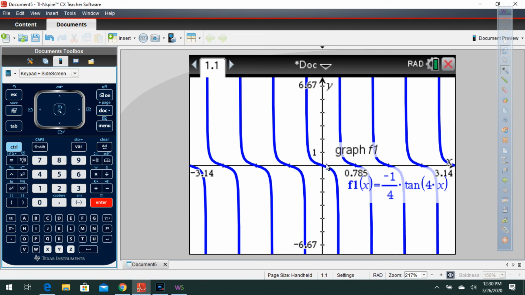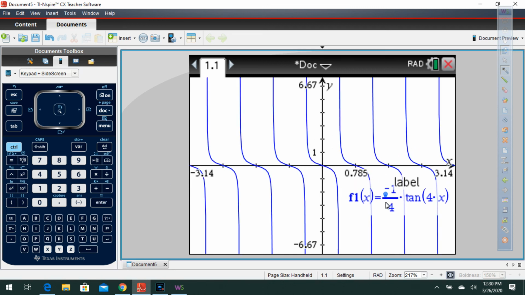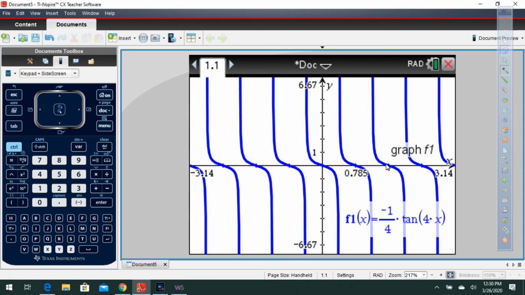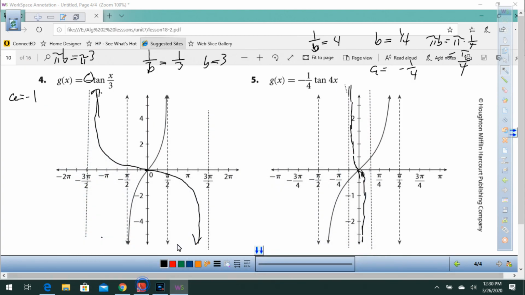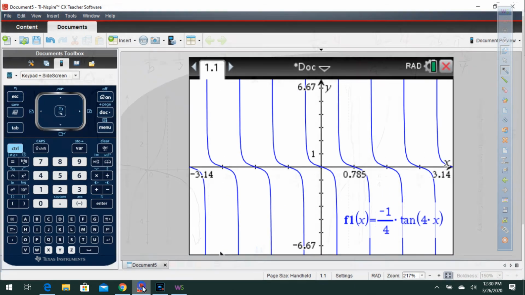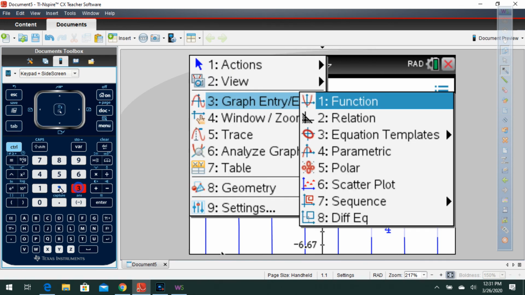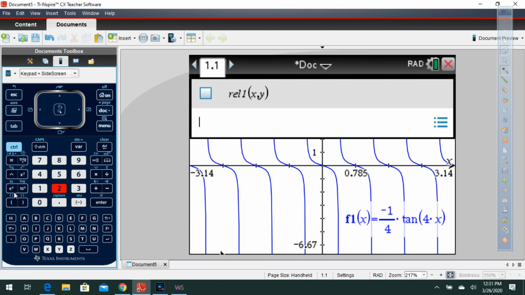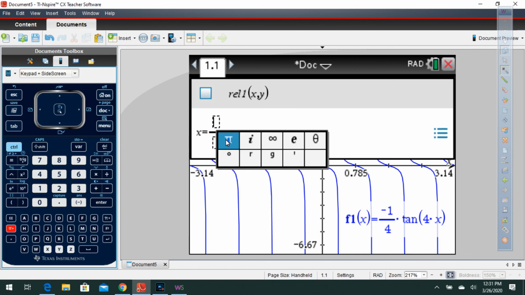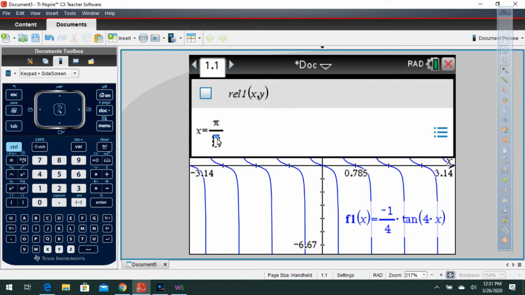All right. So C is 0, so it kind of looks like that, doesn't it? So what is this? This is pi over 8. So let's try that. All right, tab, menu, 3, 2, x equals, control, divide, pi over 8.